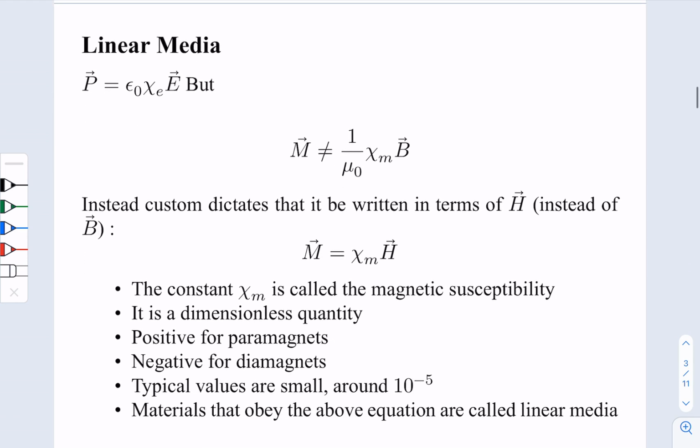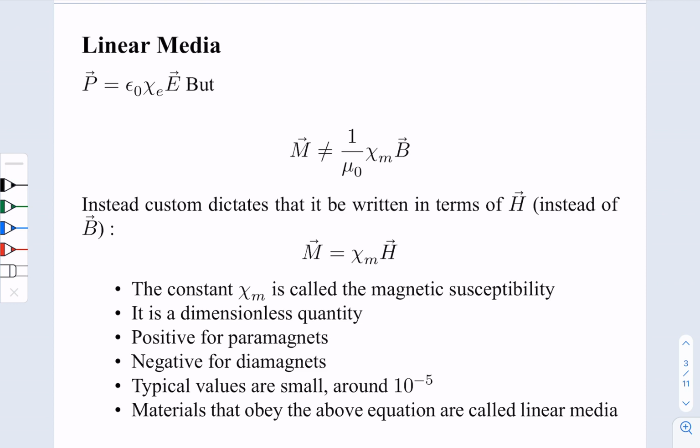So before we do that, let's go through the final two things in this chapter. The first thing is the idea about linear media. Previously we haven't talked about how the magnetization vector M is being produced. It can be a linear media that produces this magnetization vector M, or it can be a permanently magnetized object like a ferromagnet.